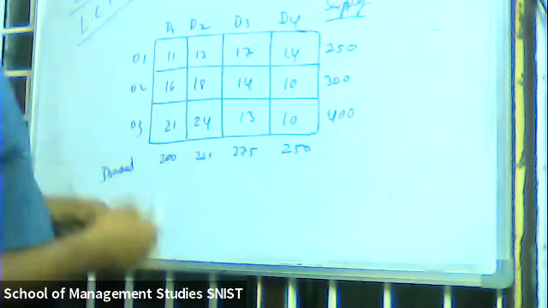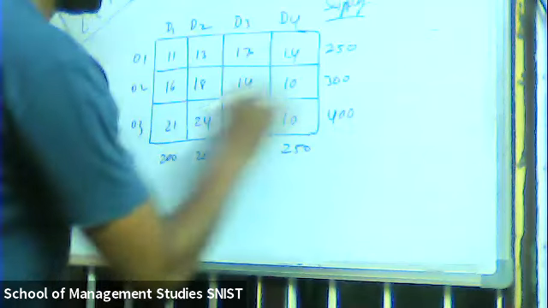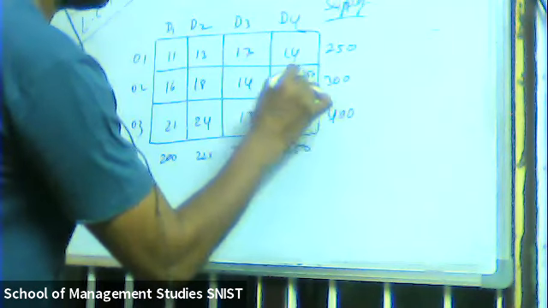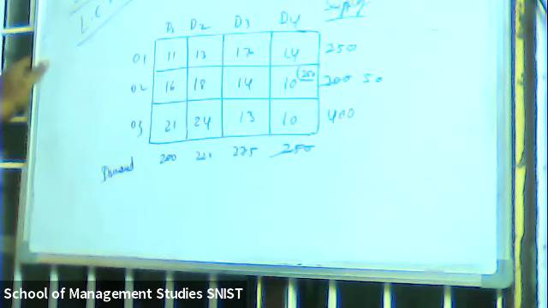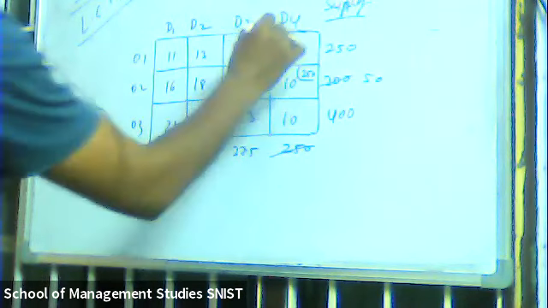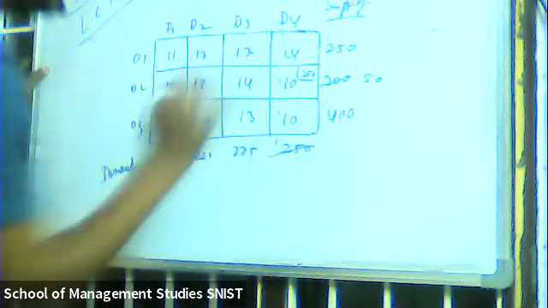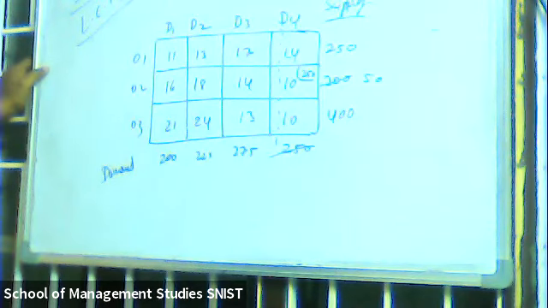So now I'm allocating here in the x24 250, then it becomes 50, right? Then obviously it will be cancelled. Yes or no? Yes, sir.